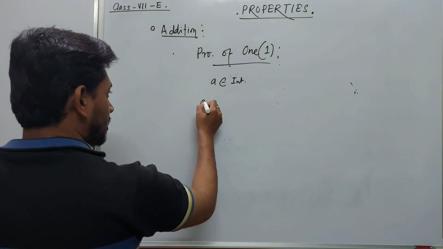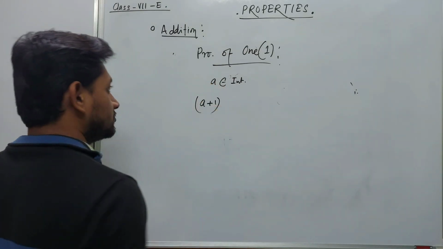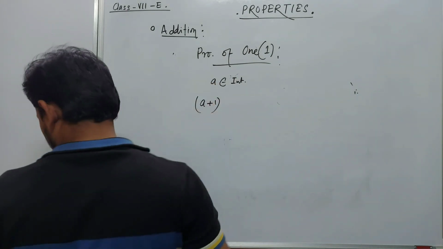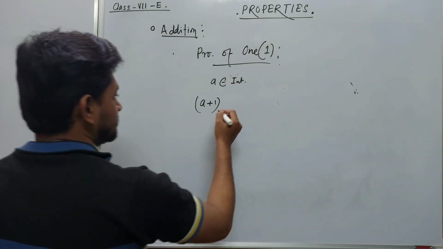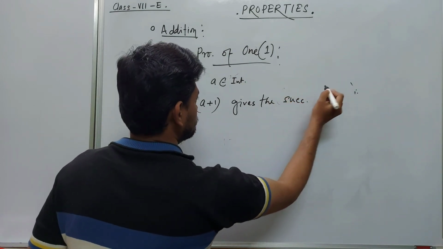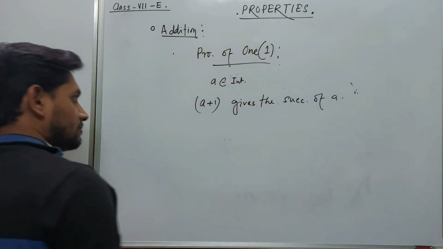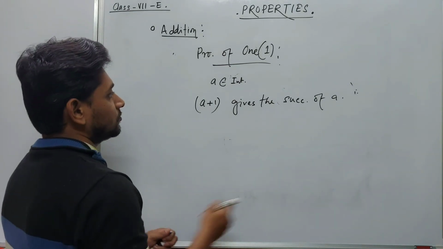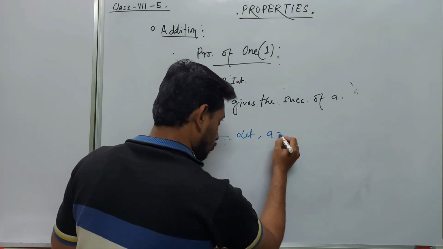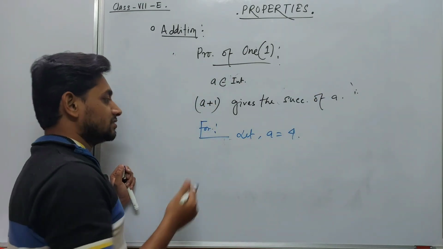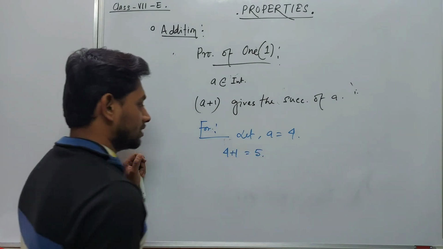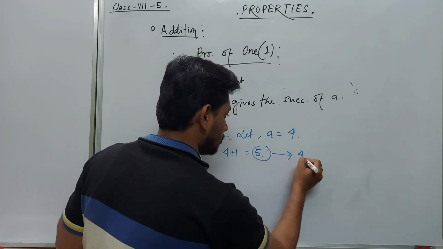Then A plus 1 gives the successor of A. For example, let A equal to 4, then check the value. 4 plus 1 is equal to 5, that is the successor of 4.